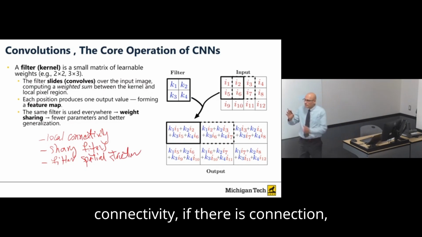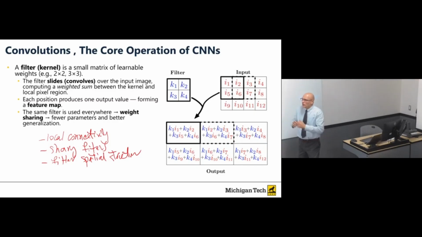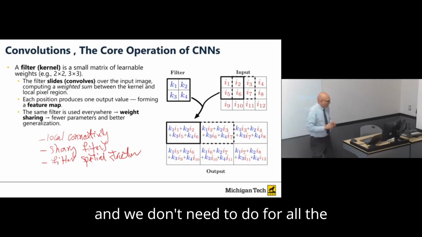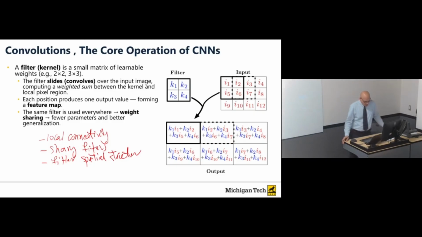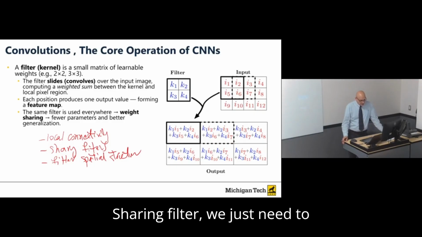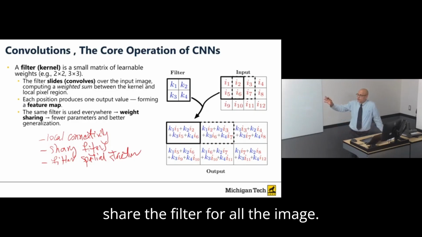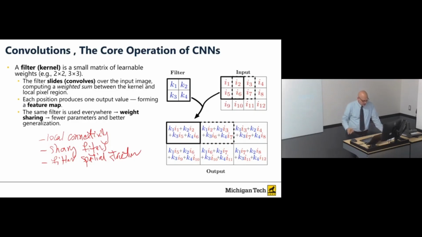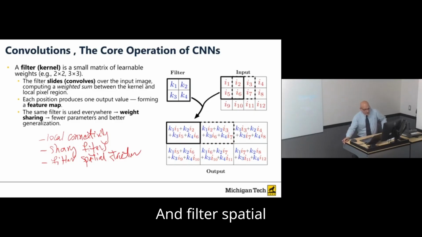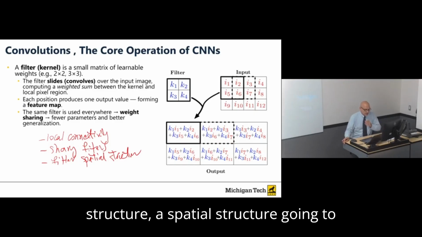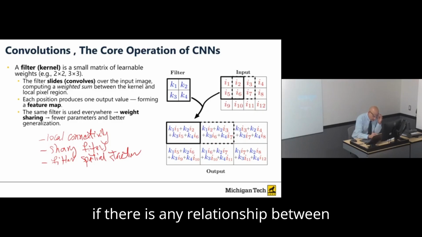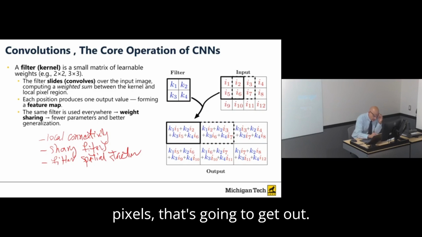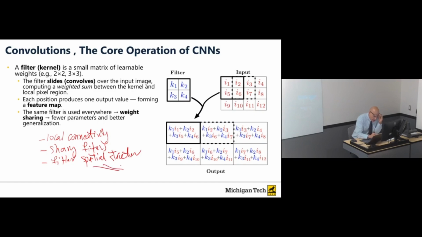Local connectivity: we don't need to connect to the whole image, just local. Sharing filter: we just need to share the filter across the whole image. And spatial structure: if there is any relationship between pixels, that's going to come out.